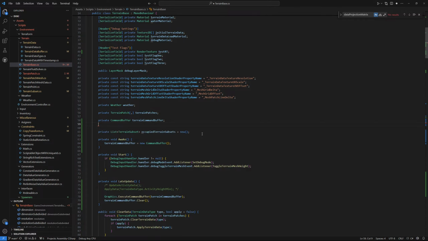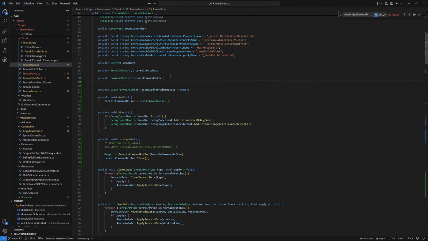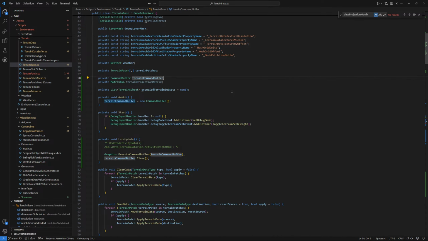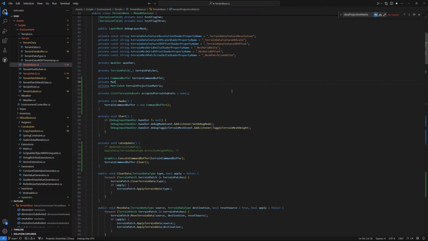Terrain command buffer. Not entirely sure about keeping these here currently, but whatever.